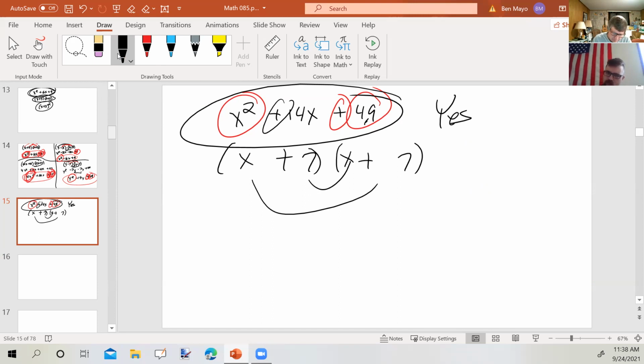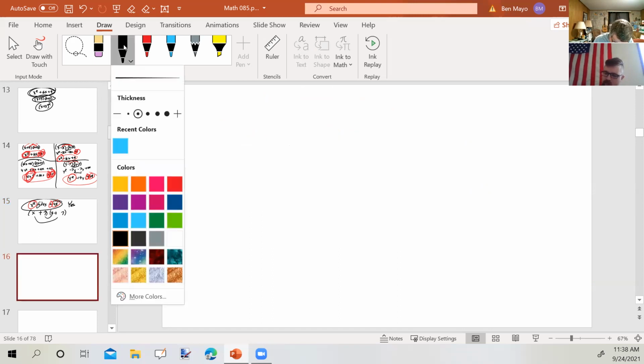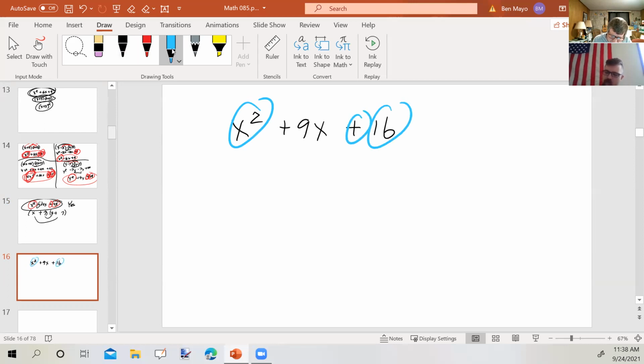All right. How about this one? x squared plus, let's see, 9x plus 16. Okay. It has a square in the front, a square at the rear, and a plus sign, so it could be.